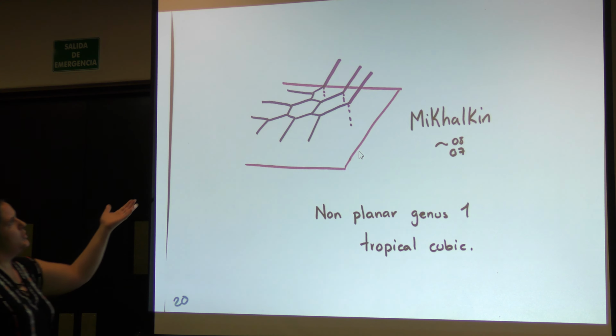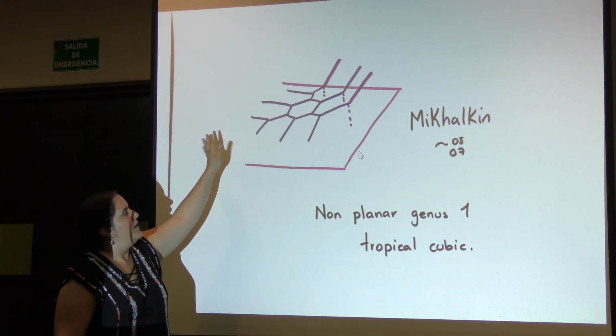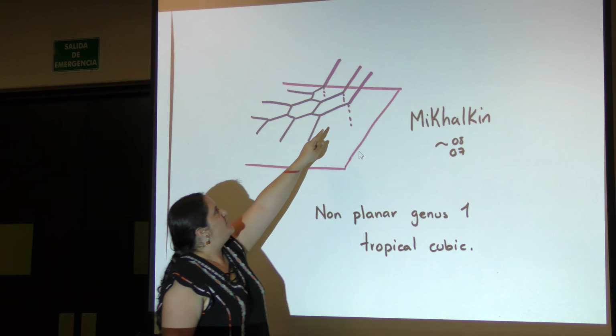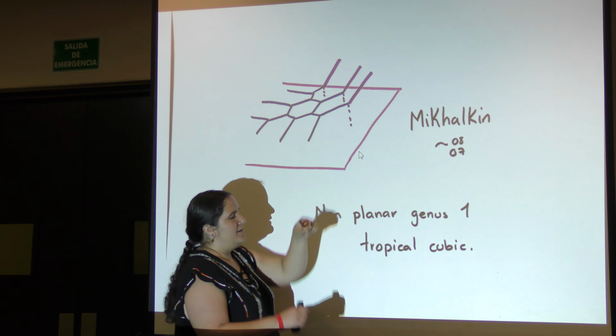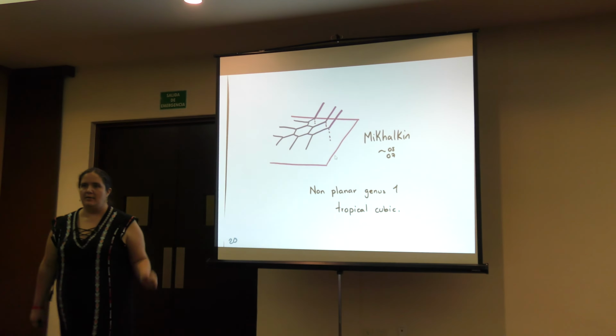And the idea is the following one. I take the genus 1 cubic in a plane, and then I choose 3 points, and at each of the 3 points I take 2 rays that go away from the plane.